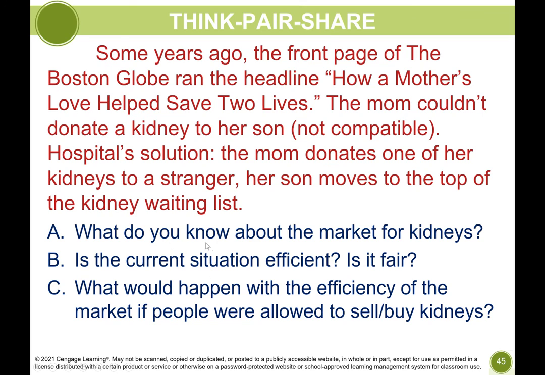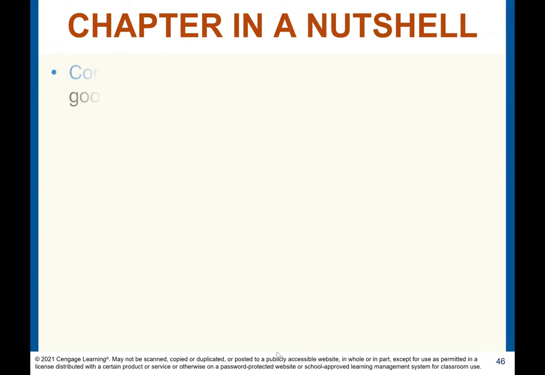What do you know about the market for kidneys? Is the current situation efficient? Is it fair? What would happen to the efficiency of the market if people were allowed to sell or buy kidneys?